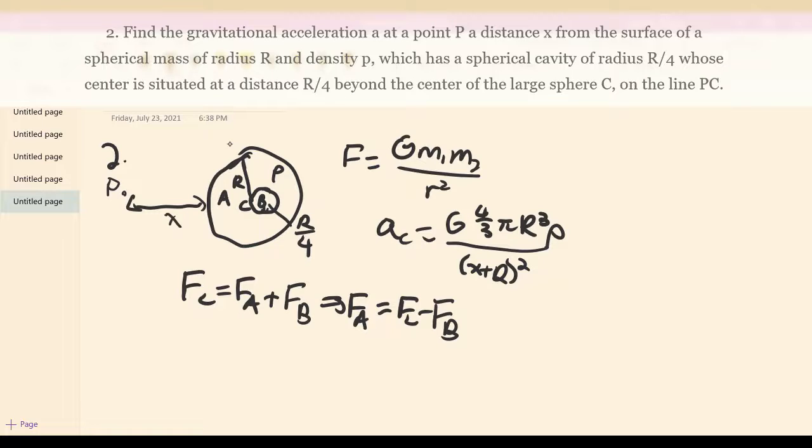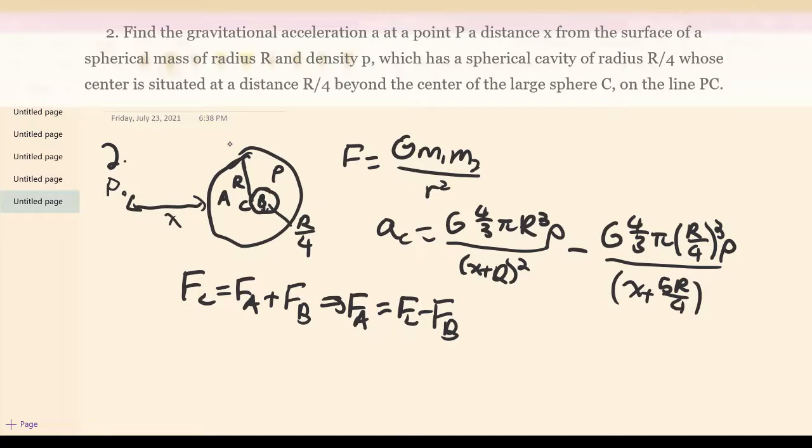And similarly, the gravitational acceleration from the small cavity will be G times 4/3 pi (r over 4) cubed times rho over the distance to the center of mass squared. So this is just x plus 5r over 4 squared.